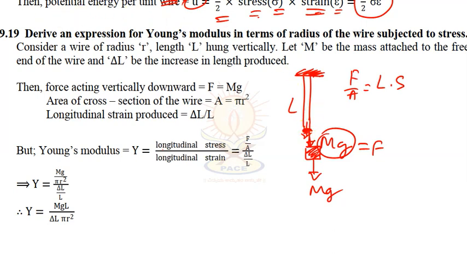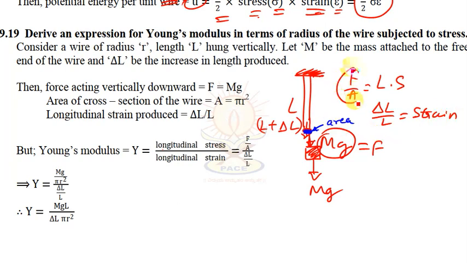So be careful, the area at the bottom, right? So that is the area of the wire, and F divided by A is longitudinal stress. If in a final situation we see there is a change in length and the final length becomes L plus delta L, at that moment you can define strain, that is delta L divided by L, which is strain.